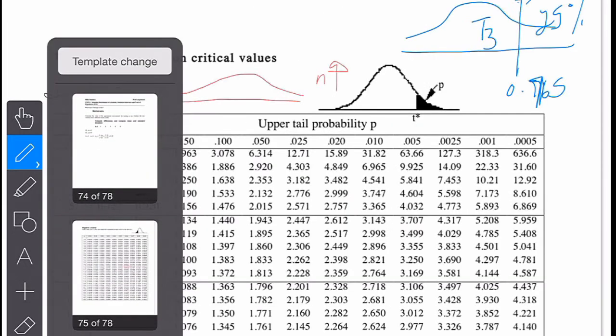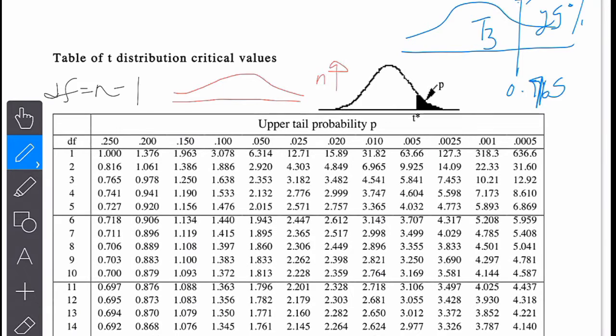So for t with 3 degrees of freedom, how far do I need to be away at the 95% level? Remember, this chart is for the upper tail.